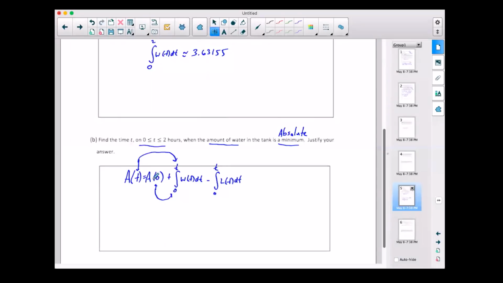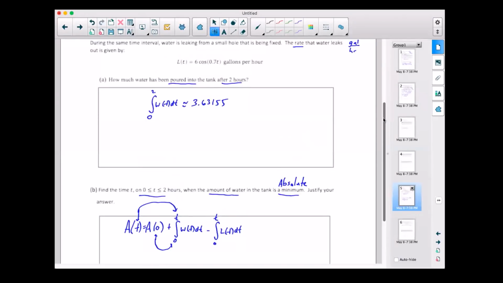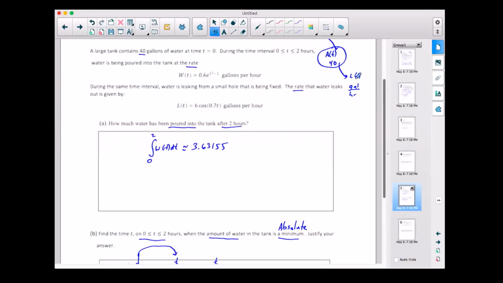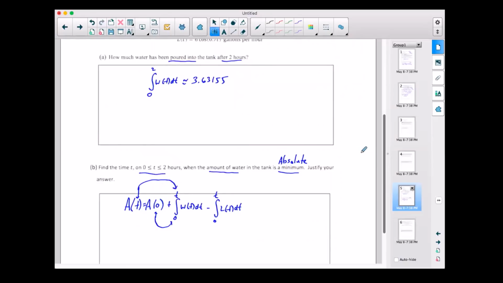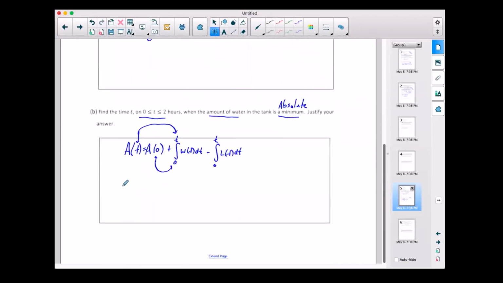And then what was A of 0 in the problem? Remember, A of 0, if we look back up, the starting amount was 40, right? So this is going to be a 40 here. So really our amount at time t is going to be 40 plus the integral from 0 to t of W of t dt minus the integral from 0 to t of L of t dt.